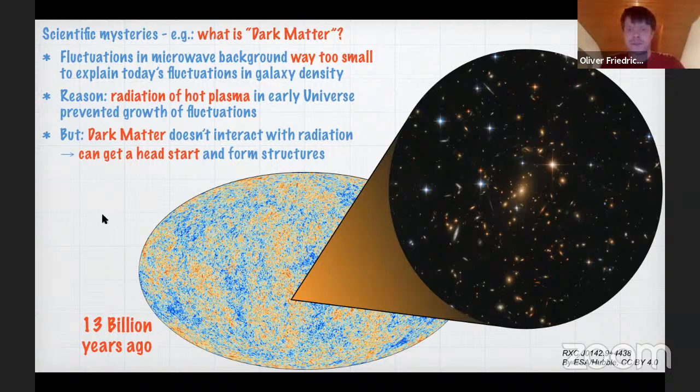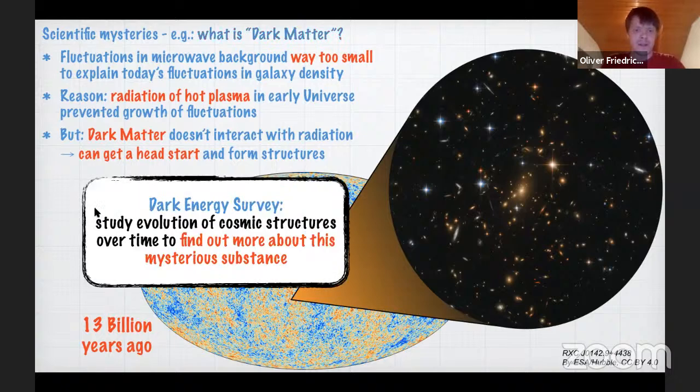Now, so far for the science case of the Dark Energy Survey, like I said, it's studying the evolution of cosmic structures. These kinds of comparisons roughly have already been done like 10 or 20 years ago, so people knew that you also need dark matter to explain this transition from the homogeneous universe to the inhomogeneous one.